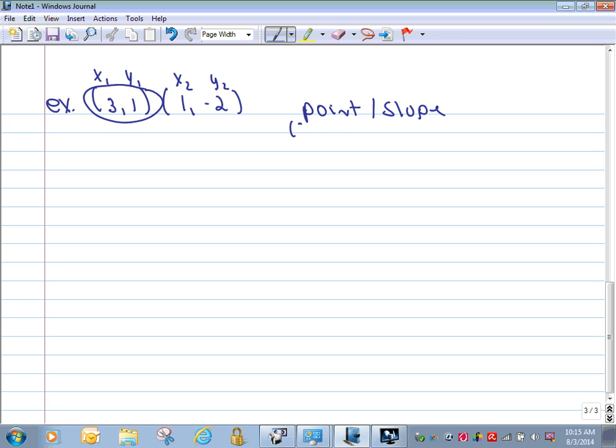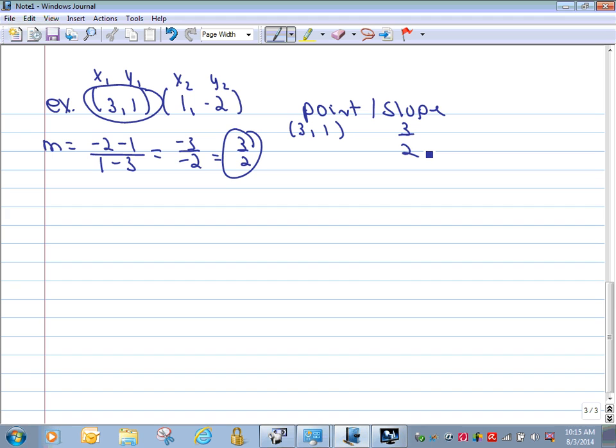So my point will be 3, 1. My slope, I'm going to have to calculate. So my slope will be y2, which is negative 2, minus 1 over x2, which is 1 minus 3, which gives me negative 3 over negative 2, which computes to 3 halves. That's my slope. So my slope is 3 halves.